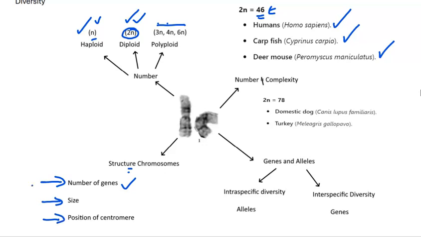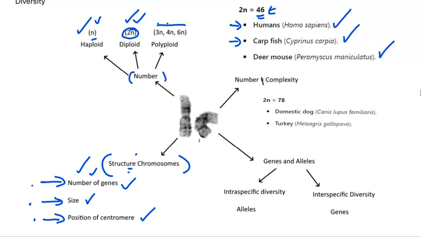And these 3 factors will allow us to distinguish, for instance, if we had a cell with human 46 and a carp 46, whilst they may have the same number of chromosomes, they would not have the same number of genes. They would not be the same size, and their centromere positions would be very different from each other. So we can identify things more carefully through the structure of the chromosomes beyond the number.